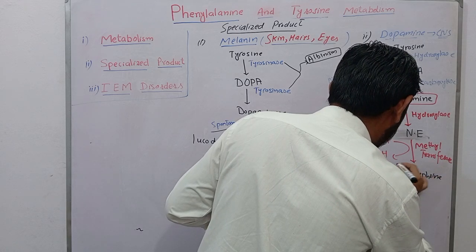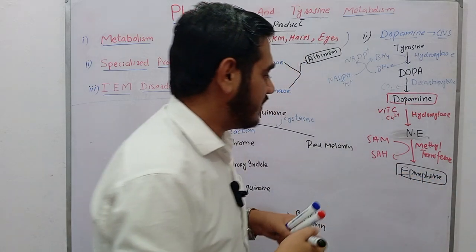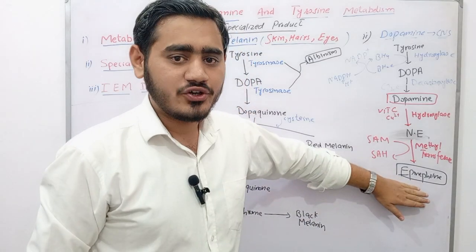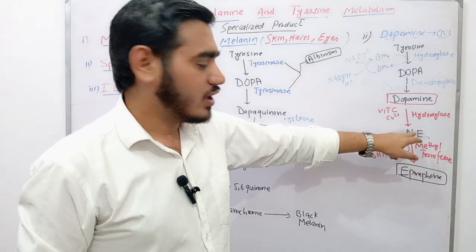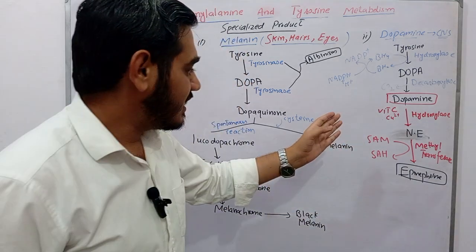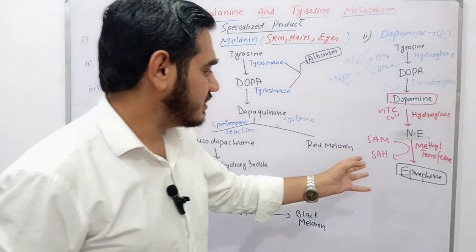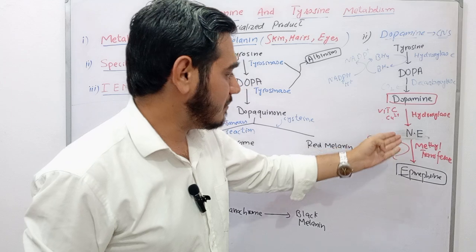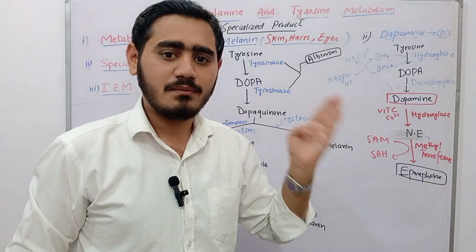The difference between norepinephrine and epinephrine is that epinephrine contains a methyl group, while norepinephrine does not. So that's the third product formation, the synthesis of norepinephrine and epinephrine in adrenal medulla.